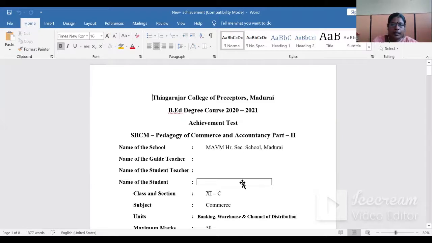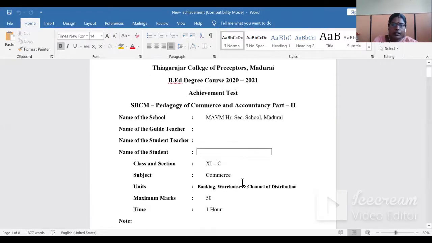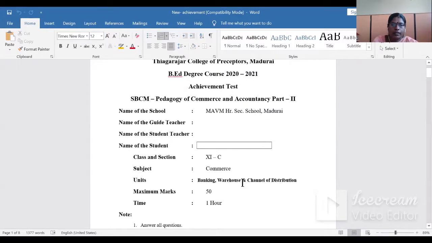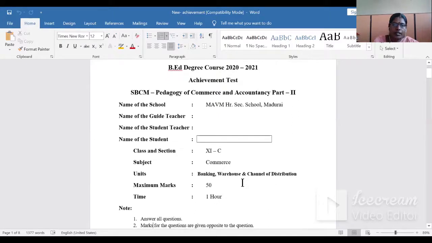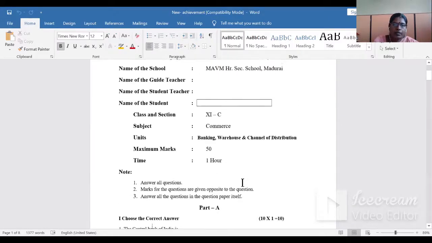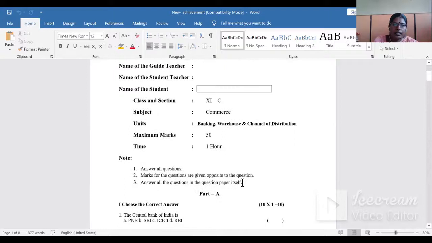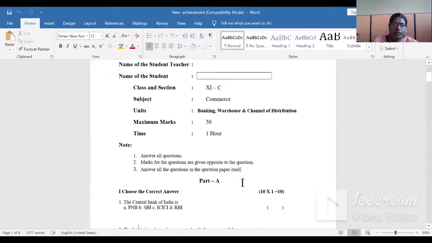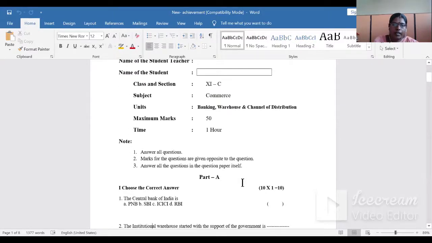Model questions, pedagogy of commerce and accountancy. Write the name of the school, for example, MAVM Higher Secondary School, whatever the school is. Name of the school, name of the guide teacher, name of the student teacher, name of the student, class and section, subject, units, maximum marks, time.